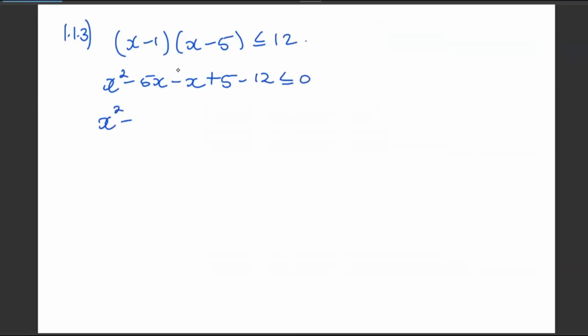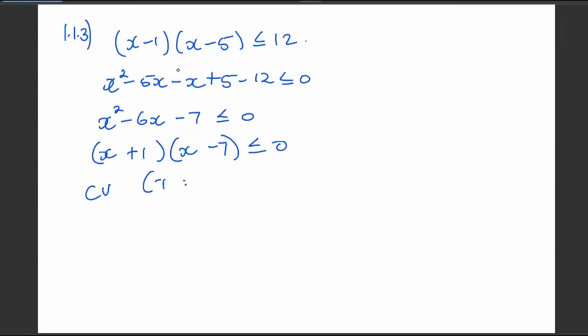Simplify that, it's going to be minus 6x, and this and that is going to give us a negative 7, less than or equal to 0. Let's factor this out, x and x. With a 7, we must have a plus 1 and a minus 7, meaning that our critical values are going to be negative 1 and 7.